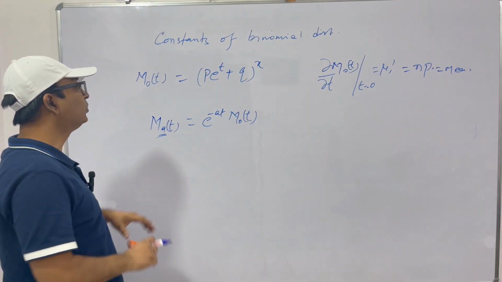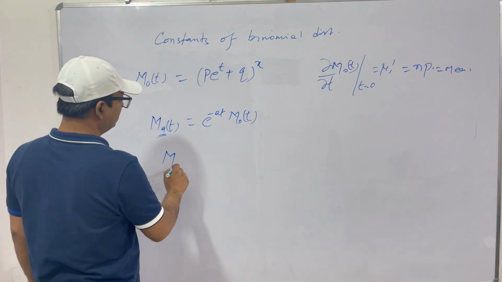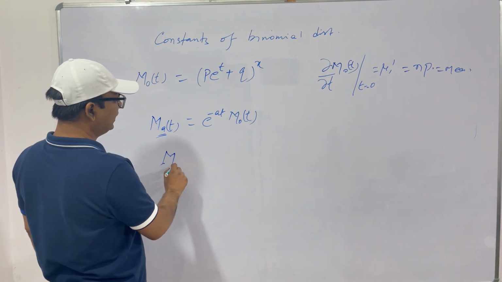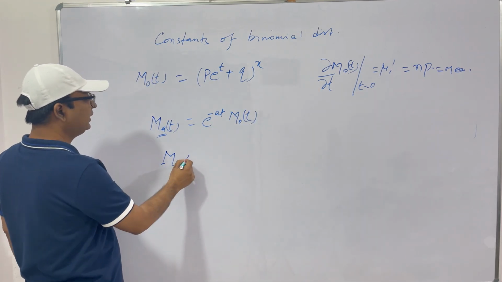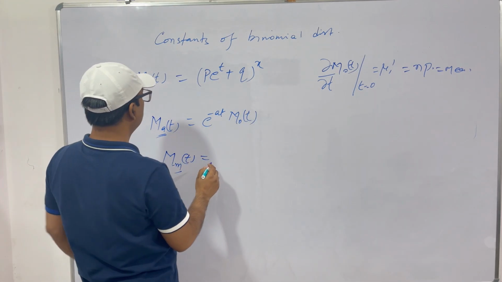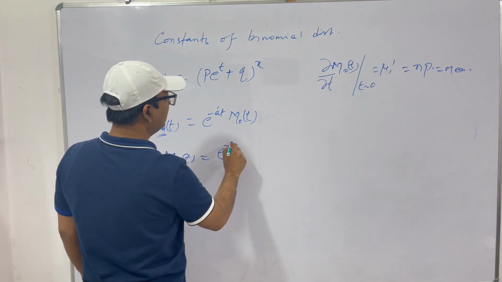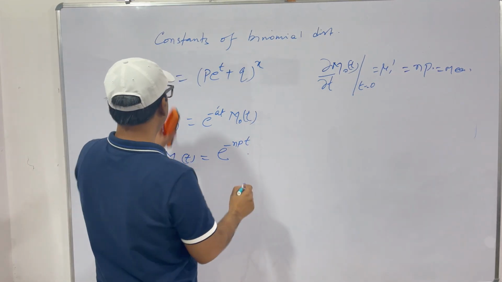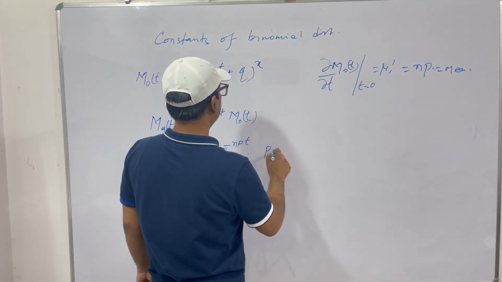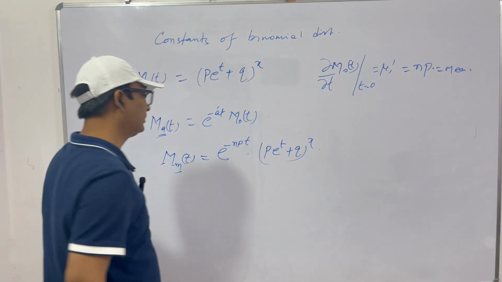This is m_a(t). What if we want to take it about the mean? Let's say I am denoting it by m, then this will be equal to e to the power minus a, where a is the mean, that is np, t times m0(t). m0(t) is this (pe to the power t plus q) to the power n.